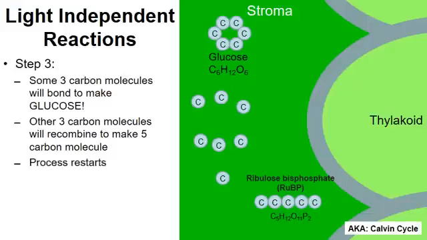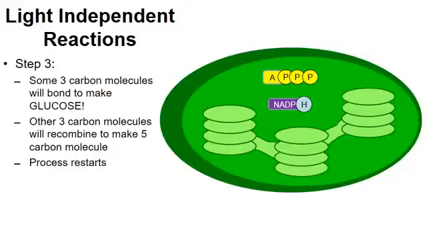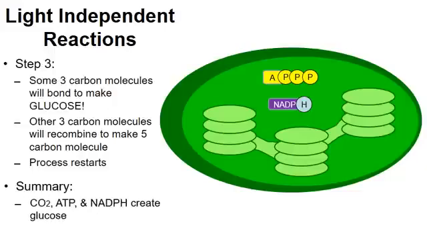The process simply restarts because carbon dioxide will bond with this 5-carbon RuBP, and when they bond, they make that short-lived 6-carbon molecule that we mentioned earlier. The process repeats itself. To summarize the light-independent reactions, carbon dioxide, ATP, and NADPH are going to create glucose. When carbon dioxide is added to the ATP and NADPH from the light-dependent reactions, with the help of enzymes, you have simple sugars such as glucose created.